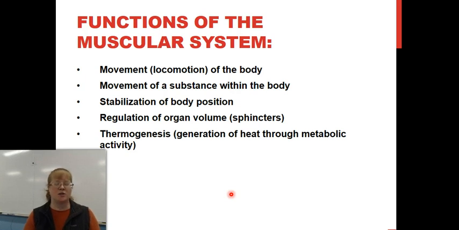Then stabilization of body position, the fact that I have skeletal muscles contracting all around my joints is the reason I can sit here in this chair and talk. Then regulation of organ volume, like sphincters. There are many smooth muscle sphincters, like the pyloric sphincter between my stomach and my small intestine, emptying my stomach into my small intestine and moving that material through.